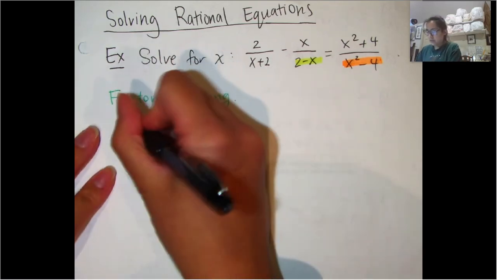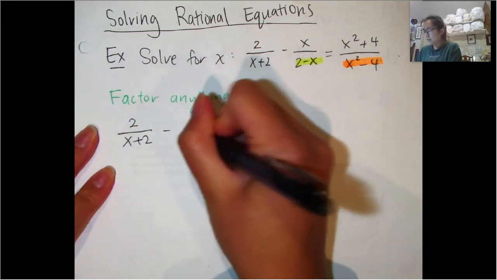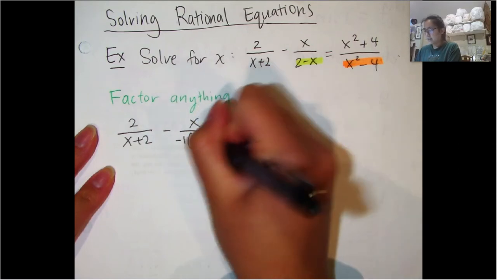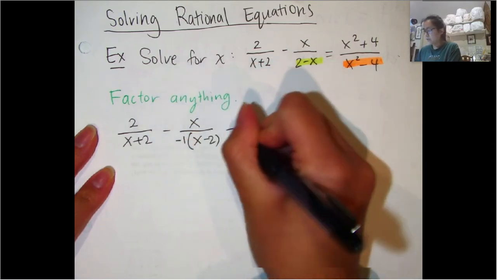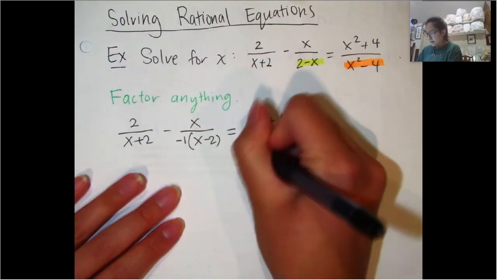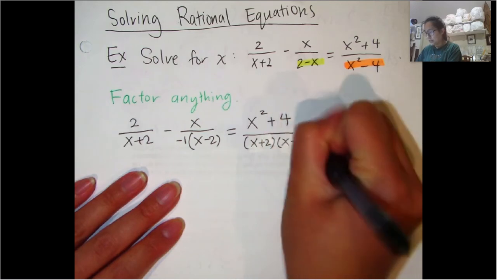So we have 2 over x plus 2 minus x over -1 times x minus 2 equals x squared plus 4 over x plus 2 times x minus 2.